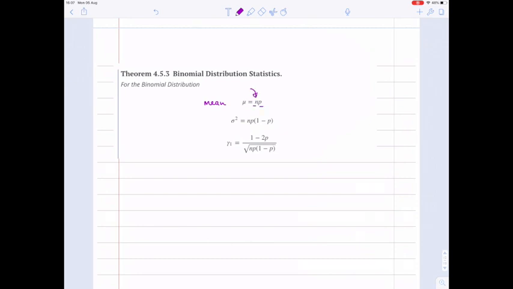So this is number of trials, and p is our success probability, and sigma squared, which is our variance, also nice and easy, n times p times 1 minus p. And you don't need to think about that, although that gives a measure of the skewness.